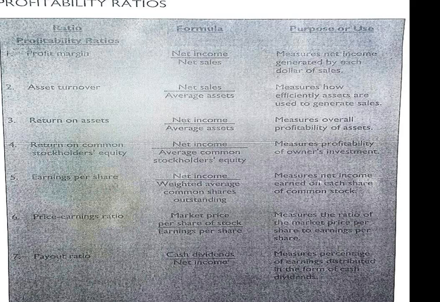And actually with this one we can differentiate between the successful companies and the others, because successful companies always reinvest their retained earnings, their net income, in expansion of the company. So they distribute a little bit of cash dividends, so the payout ratio will be lower.